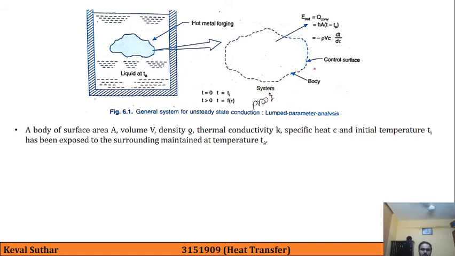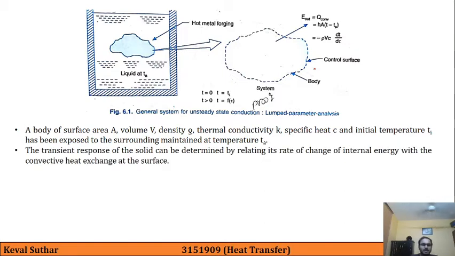So now a body of surface area capital A, volume capital V, density rho, thermal conductivity K, specific heat C, and initial temperature Ti has been exposed to surroundings maintained at temperature Ta. The transient response of the solid can be determined by relating its rate of change of internal energy with convective heat exchange at the surface, which is given by this formula.